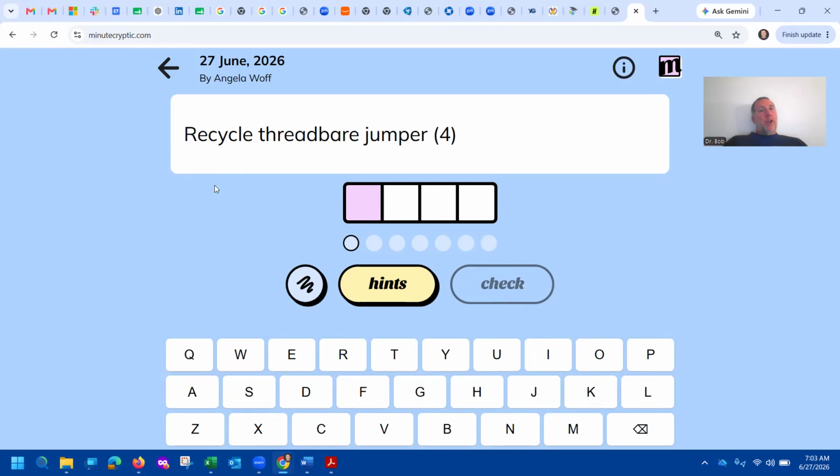Kangaroo, a joey, recycle, threadbare. Wow.